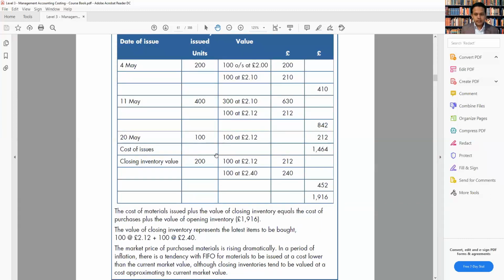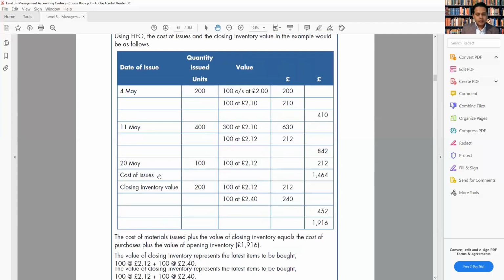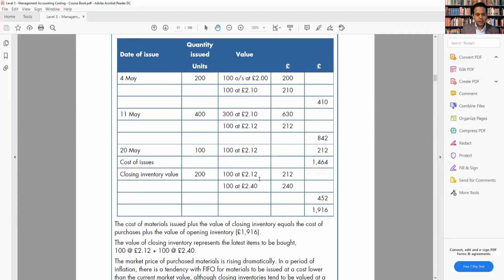So you can see here, for the FIFO, the value of the closing inventory, how much? 200 units left, and the value is 450. So the closing inventory value is 1916. If I use the FIFO, the closing inventory value is 1916.